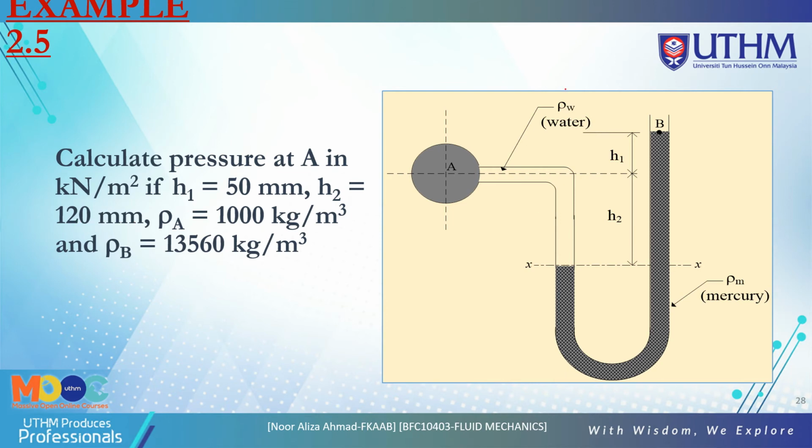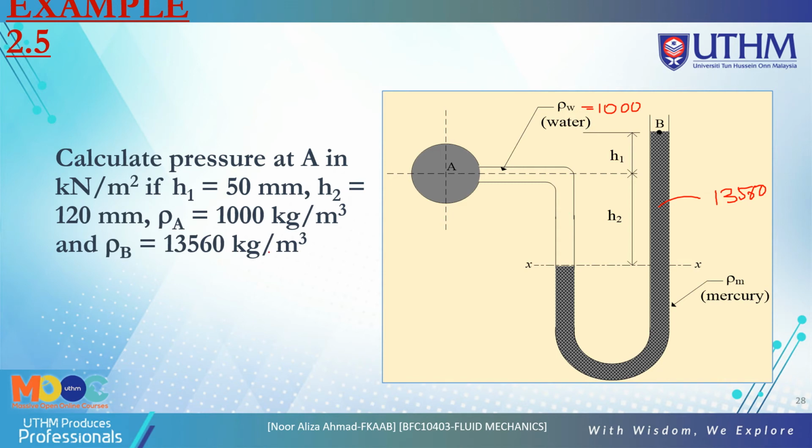density of A, water here, 1000. So this is water. And the density of this is mercury.